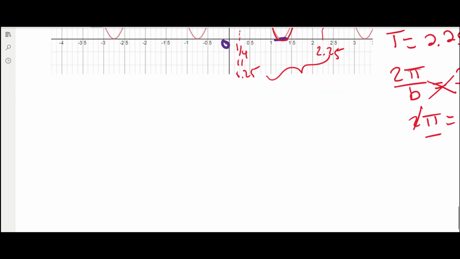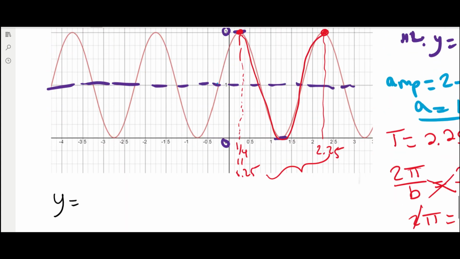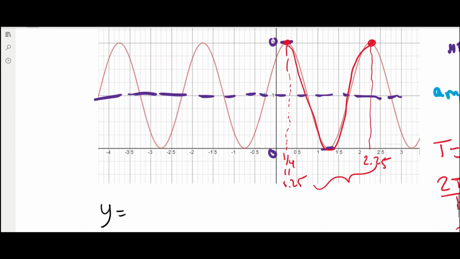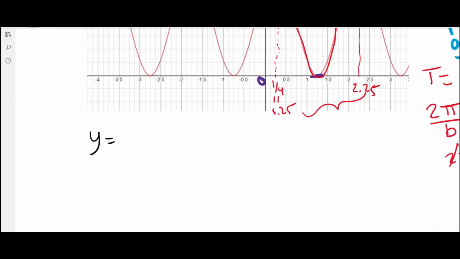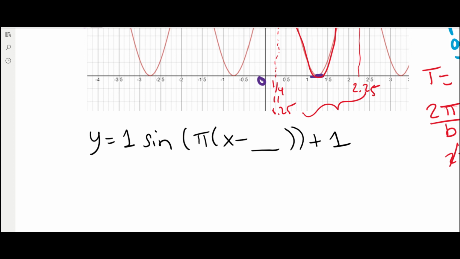Before we find the C, I'm going to go ahead and write the equations for sine and cosine. So we said the amplitude was, I forgot what the amplitude was. Did we say it was 1? Yeah, amplitude is 1. So is an invisible 1 here that we don't really have to write? You don't have to write it if you don't like to. And then the B was pi, x minus blank, because that's our C. And then our D was positive 1.